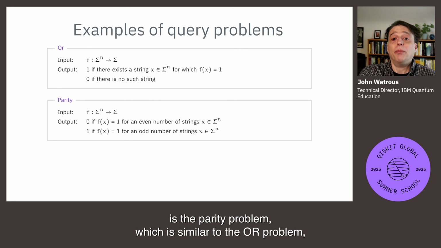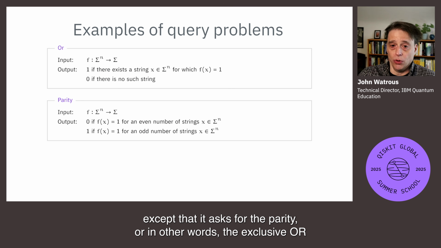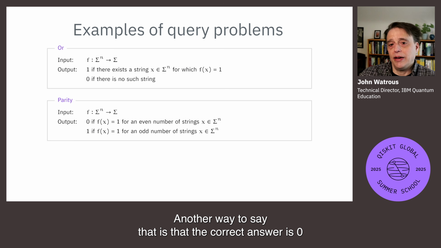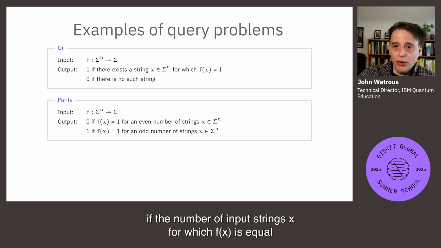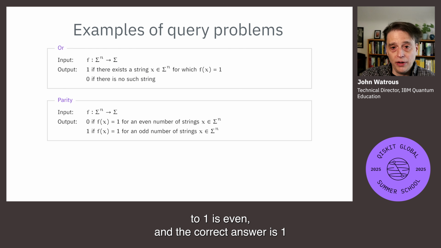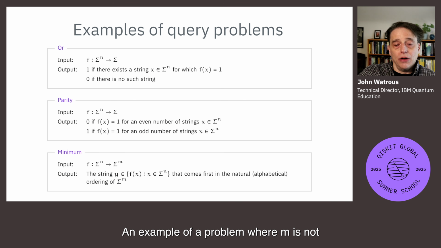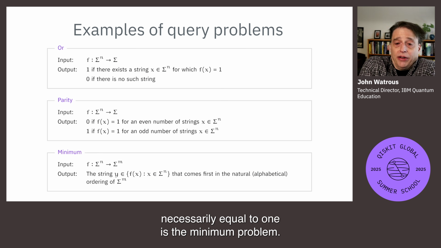Another example is the parity problem, which is similar to the OR problem, except that it asks for the parity, or in other words, the exclusive OR, of all of the single-bit output values of the function. Another way to say that is that the correct answer is 0 if the number of n-bit strings x for which f of x is equal to 1 is even, and the correct answer is 1 if that number is odd. An example of a problem where m is not necessarily equal to 1 is the minimum problem.